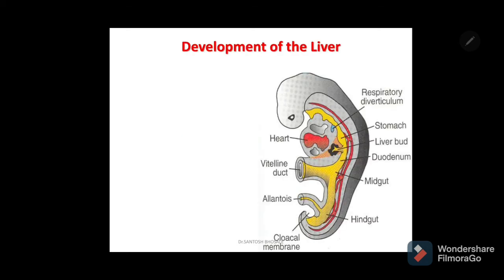Next, coming to the development of the liver. It is a derivative of the caudal part of the foregut distal to the stomach. During development, we have already seen how it appears in the ventral mesogastrium between the stomach and the anterior abdominal wall, within the ventral mesogastrium and septum transversum above.